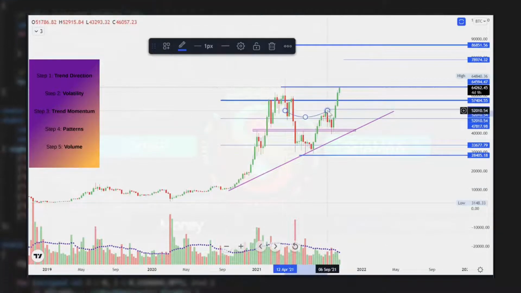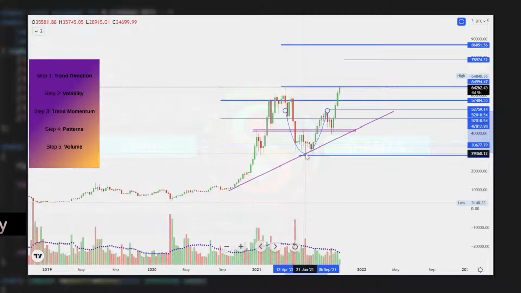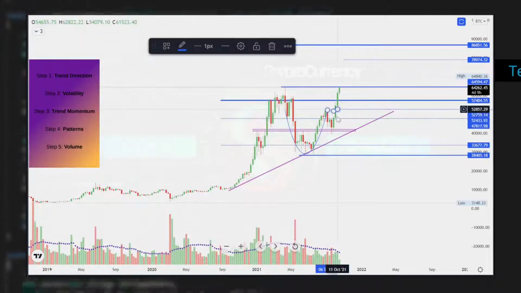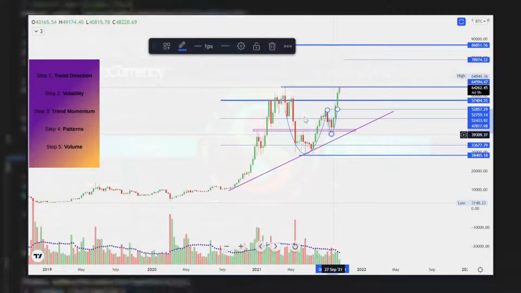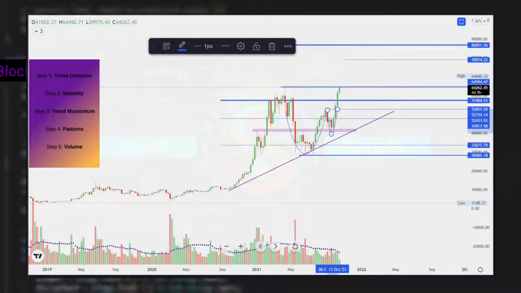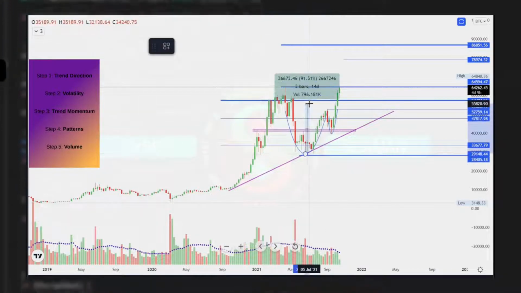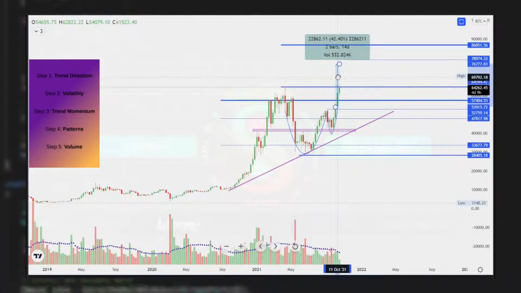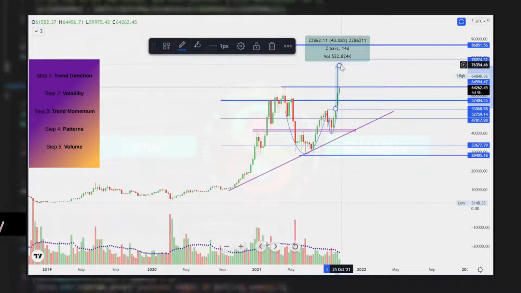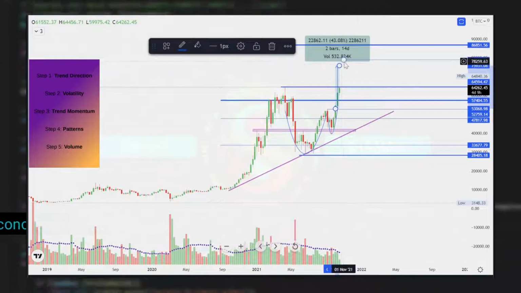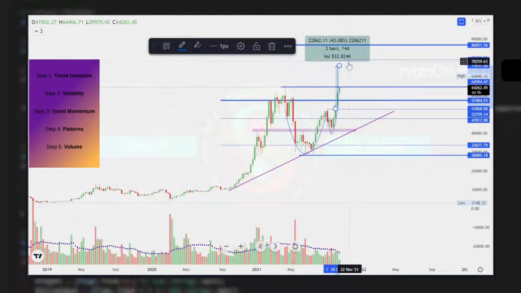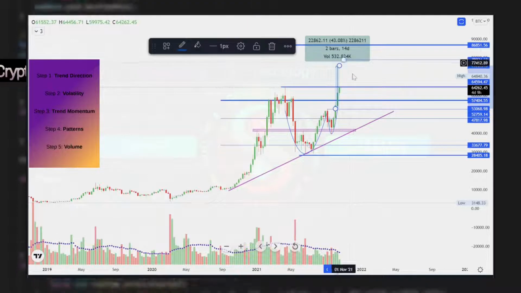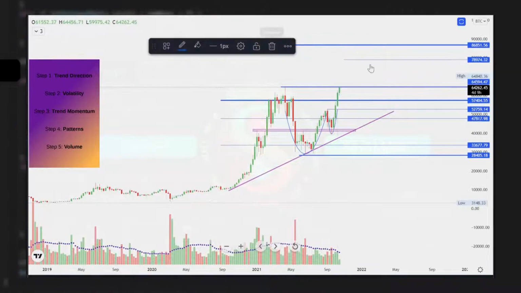The other pattern that is possible is something like this cup and handle, which can give us a price target around here, 76. We previously saw that the 76 to 80 was a price target, so yet another one close to this one adds to its value.